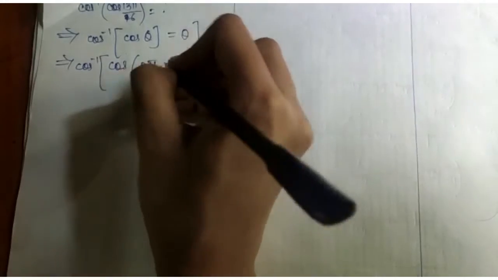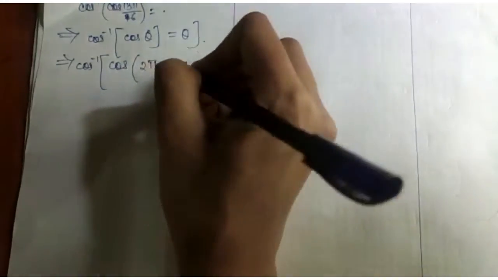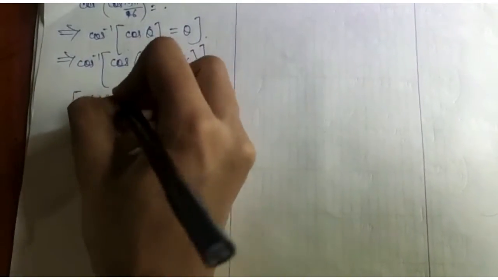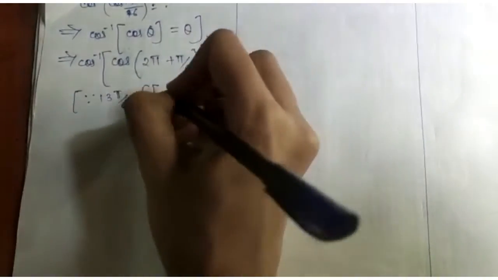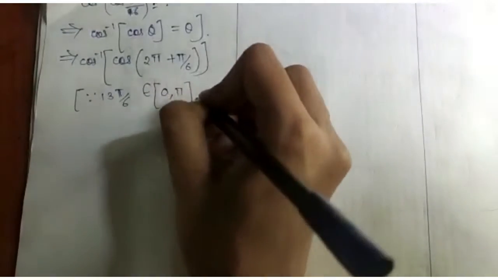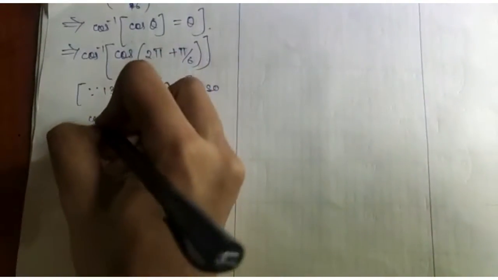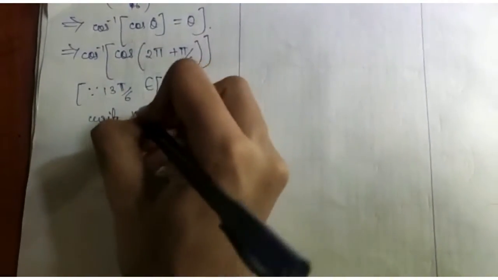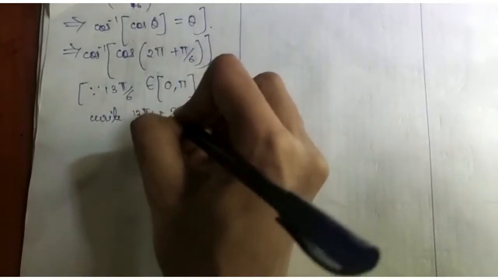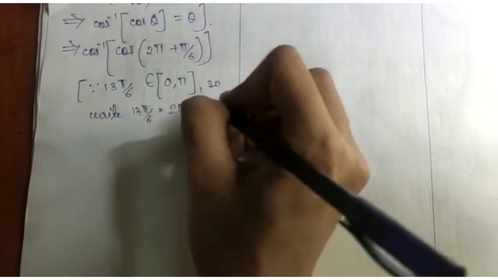So 13 pi by 6 can be written as 2 pi plus pi by 6, because 13 pi by 6 doesn't belong to the range of 0 to pi. Hence, we are writing 13 pi by 6 as 2 pi plus pi by 6.